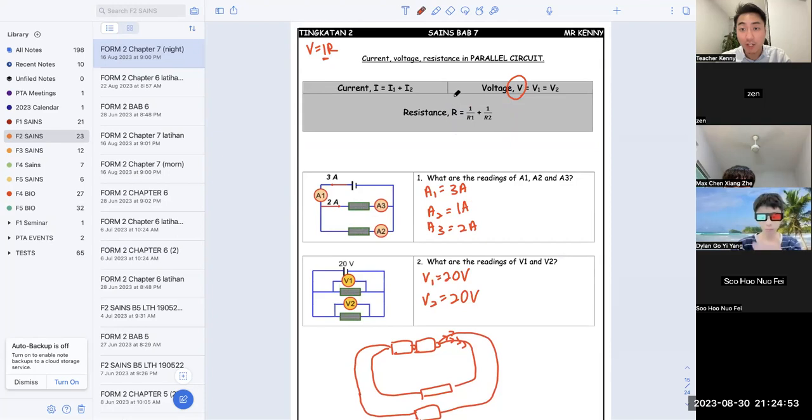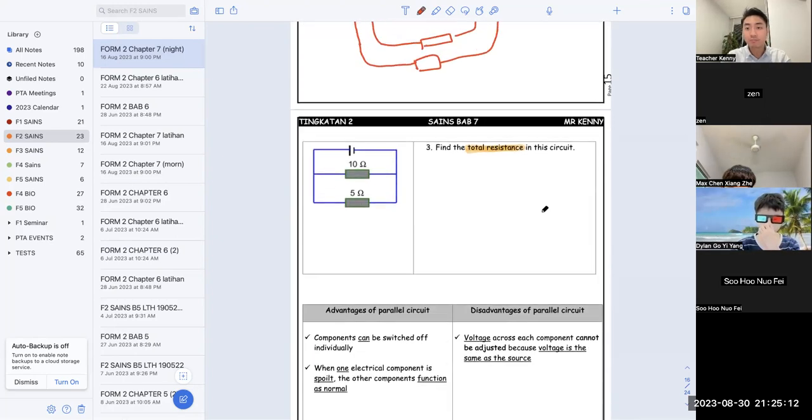I got an error. Please write 1 over R over here. The formula is 1 over R equals 1 over R1 plus 1 over R2, where 1 over R is the main boss. Teacher, I'm confused. Let's do this. Let's write down the formula first.